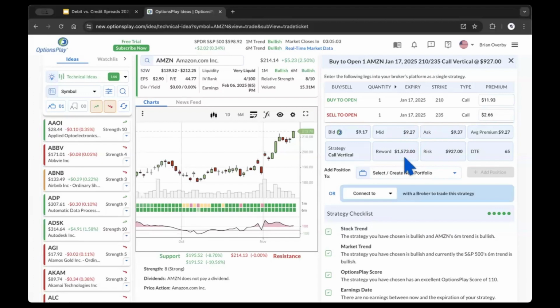That means our max reward is $1,573. So we're risking $927 if we can fill close to that midpoint, and our reward is this. We have 65 days to expiration.